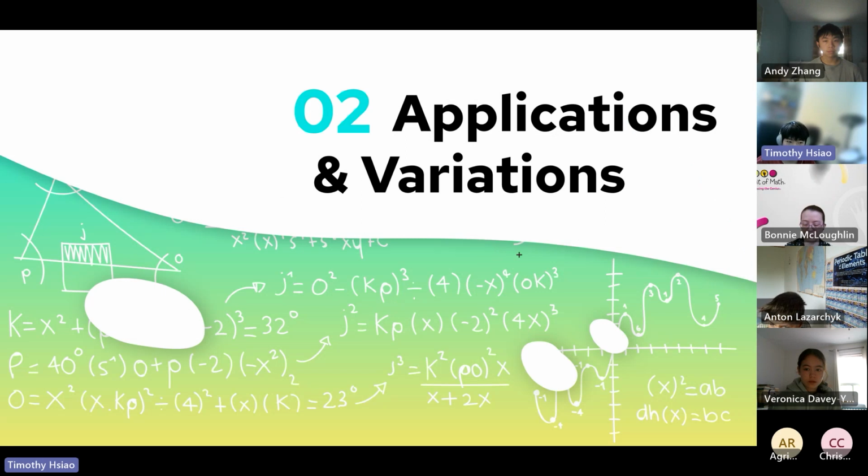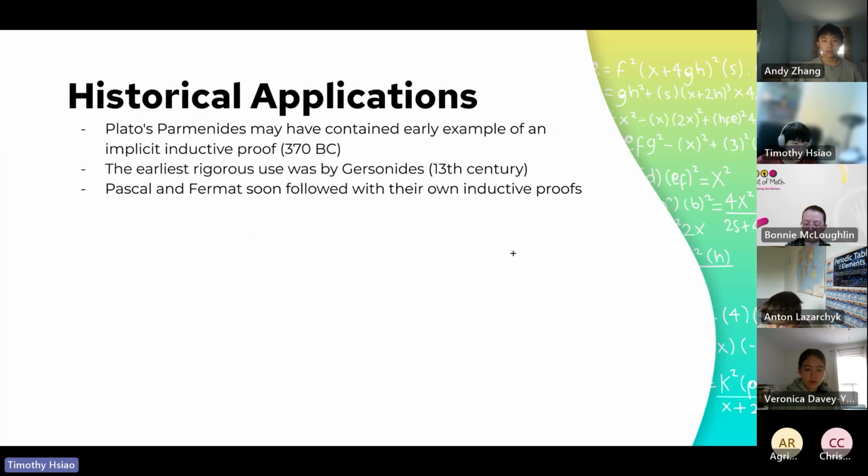This is applications and variations. We're going to talk about the historical applications. Plato's Parmenides may have contained early examples of an implicit inductive proof, which basically means that it was not directly written out, but implied. It was said, and using logic, he figured it out.